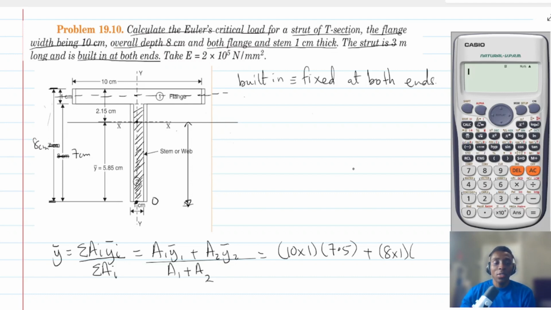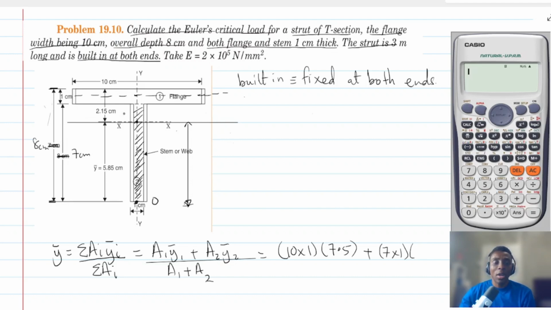So in effect, the cross-sectional area is supposed to be 7 times 1, because the whole of this is 8, and 8 is the same as 7 plus 1. So here is 1, but here must be 8. I think it was just a typo error.